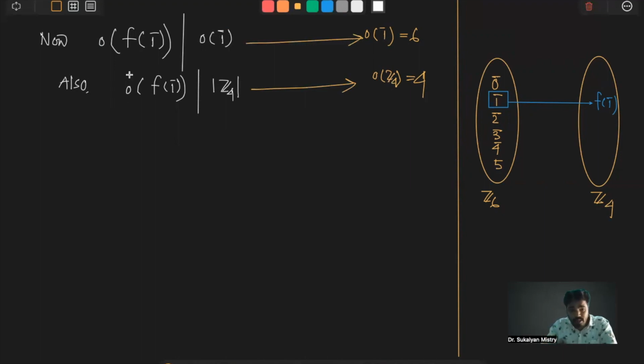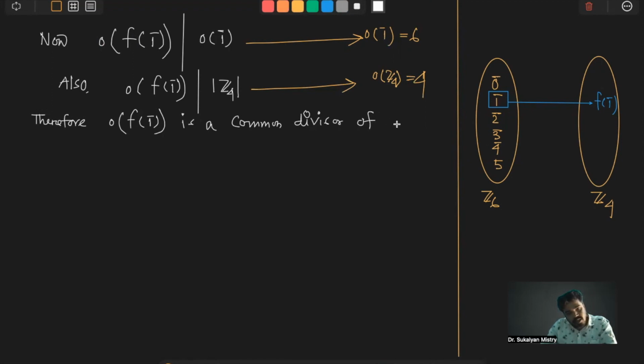So we conclude that order of F1 bar is a common divisor of 6 and 4. I think that's clear.